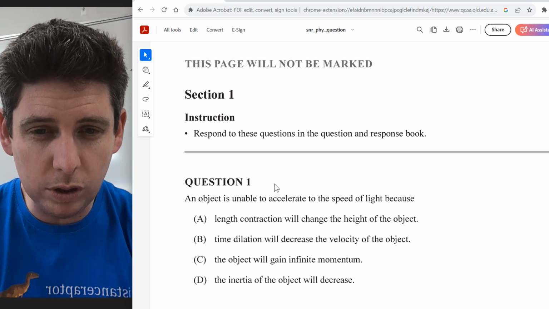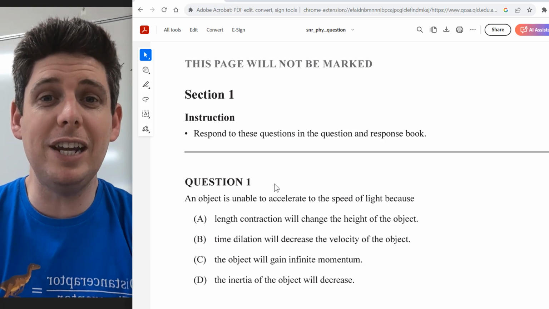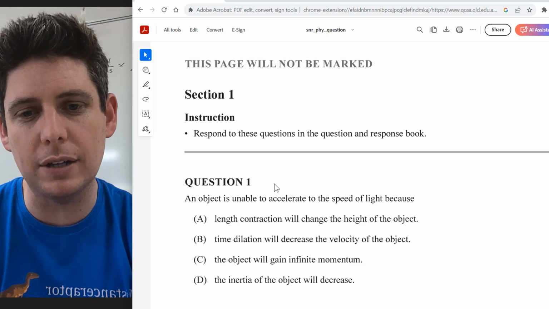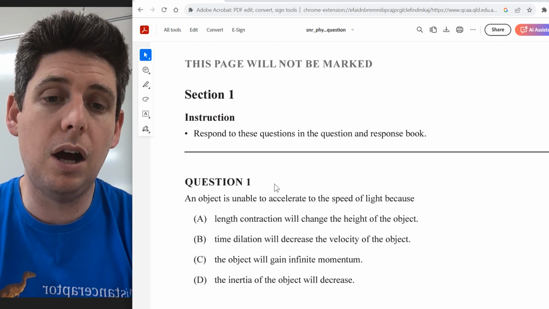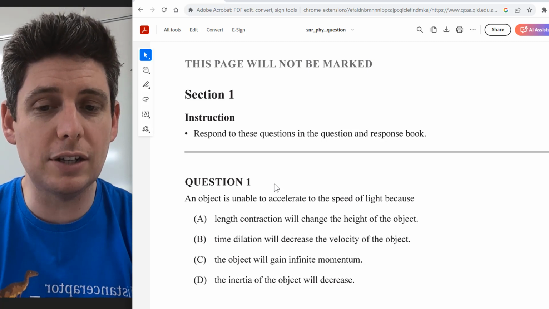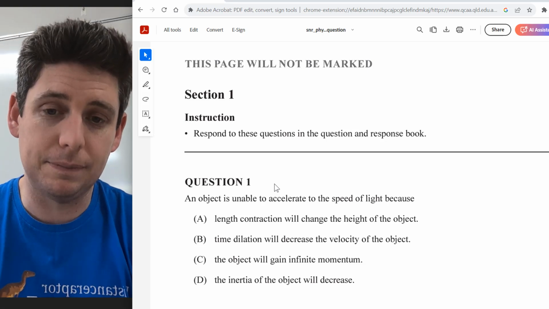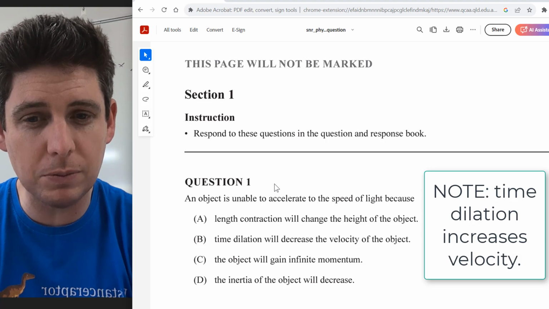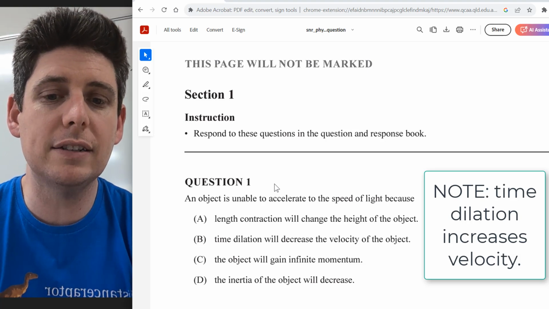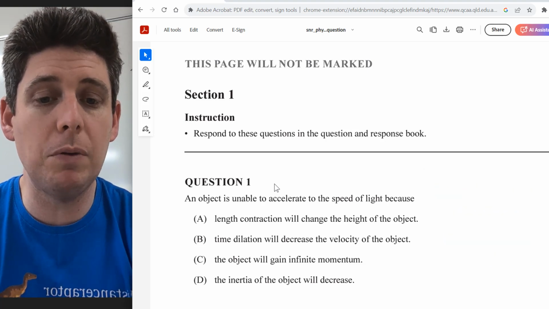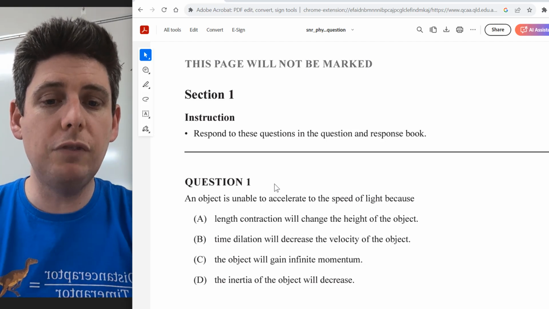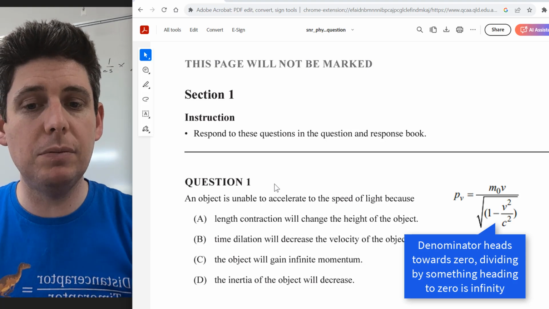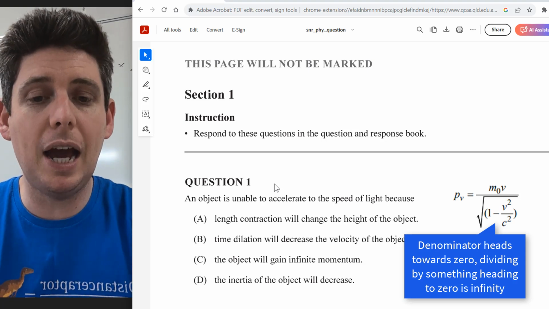Okay, so this is all to do with relativity. A, length contraction will change the height of the object. Well, that's wrong. Length contraction changes the length. B, time dilation will decrease the velocity of the object. That's not correct. C, the object will gain infinite momentum. So if we think of the momentum formula, momentum is getting bigger and bigger and bigger.